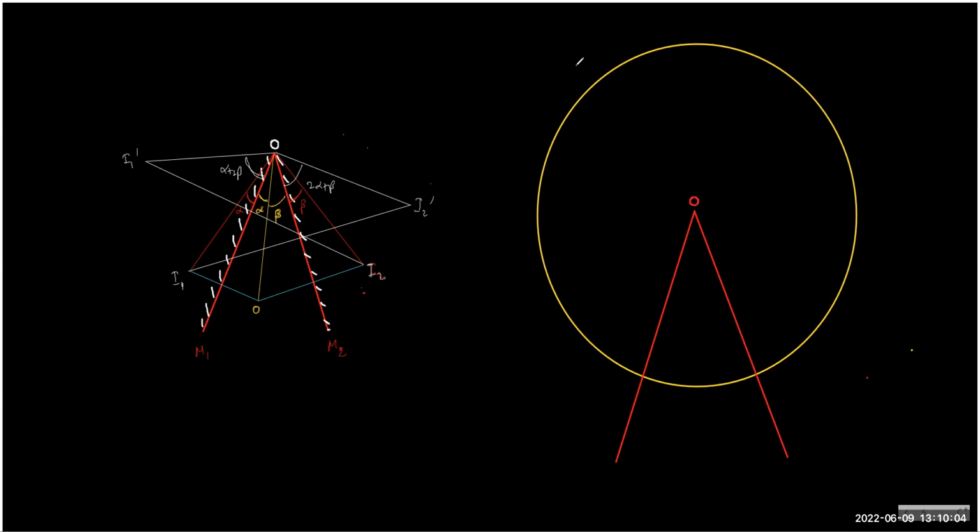O is the object, and our object is somewhere here. No matter which object position you choose between the mirrors, every image will fall on this circle. Because the mirrors are tilted, the images are not on the same line, rather they are on the same curve, the same circle.